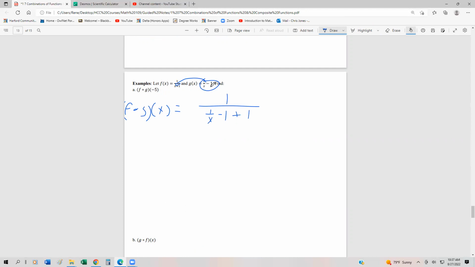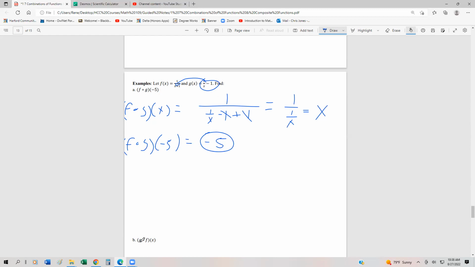I just substituted 1 over x minus 1 back in. The 1's cancel out, and this just becomes x. So f at g at negative 5 is really easy, because that's just going to be negative 5. Not too bad with that one.